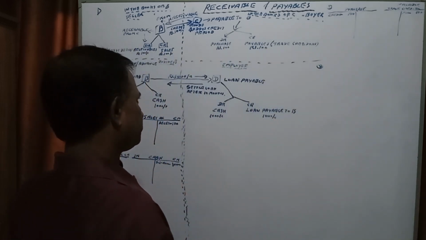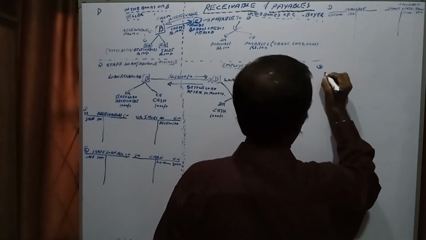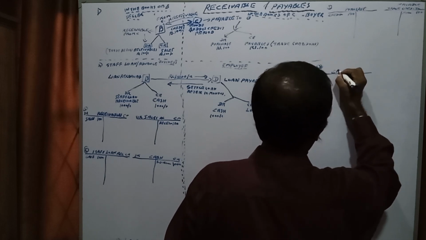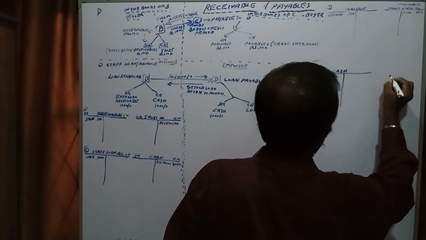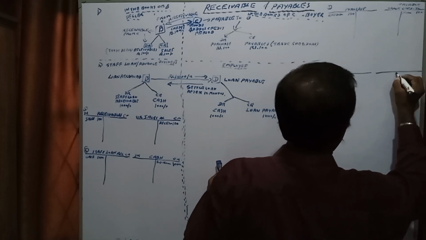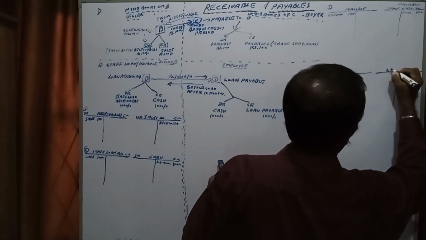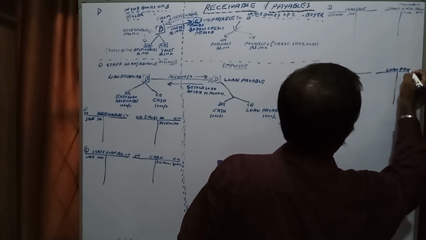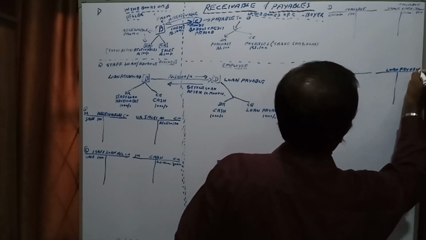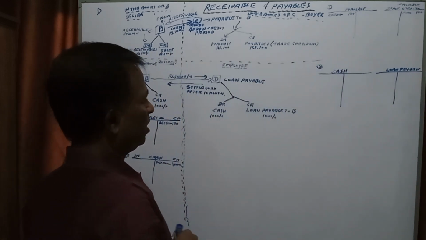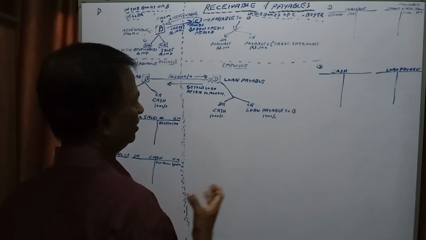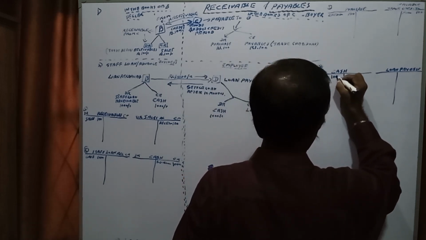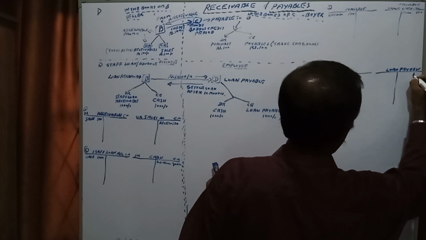Number two, loan payable. You have to open a cash account and a loan payable account. If you are receiving a loan of 1,000 rupees, then 1,000 rupees is debited to cash and credited to loan payable.